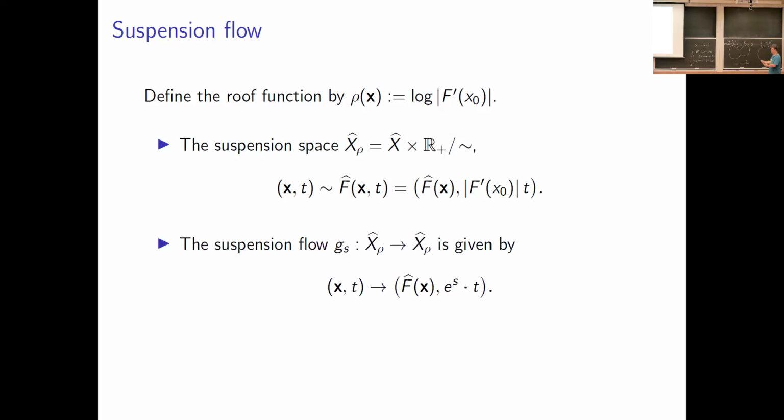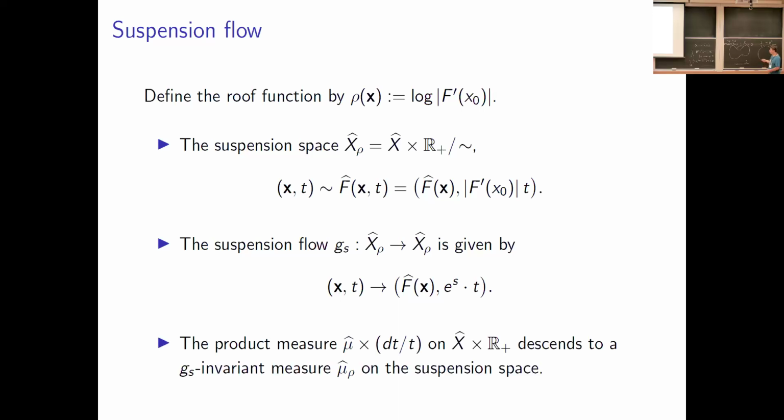On the suspension space, we have a suspension flow which acts on the t variable, and we can also construct a natural measure mu hat rho on the suspension space.